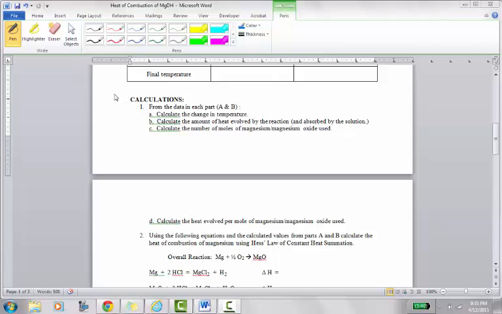Once you have finished your laboratory work, you can begin your calculations right here. If you look at the first calculation, it says change in temperature. That's no problem. For part 1B, it says calculate the amount of heat evolved by the reaction and therefore absorbed by the solution.